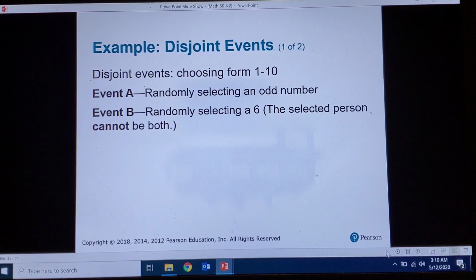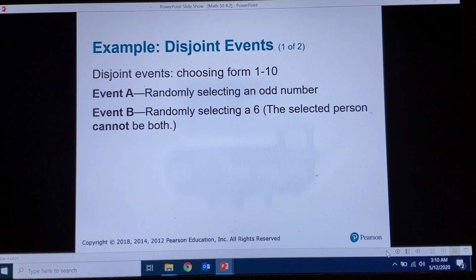If you're asking yourself what a situation would be where they're not disjoint, it's if you're trying to find the probability of getting an even number, which I think was on one of the tests. But if one event is getting an even number and the other event is getting the number 6, that can happen at the exact same time.